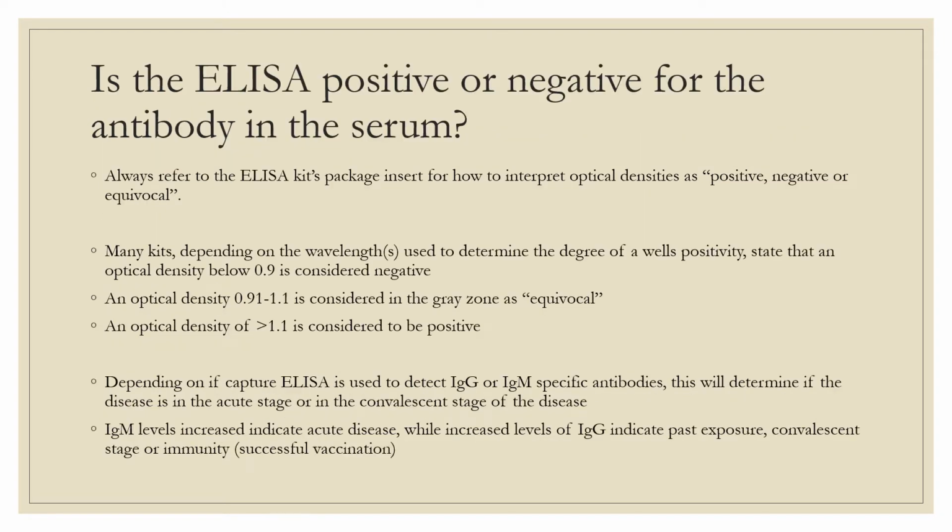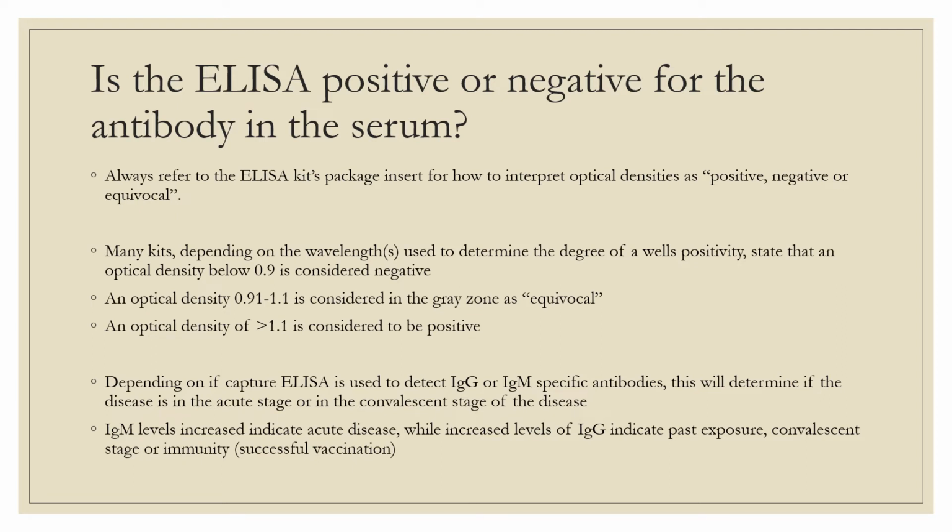Anytime you're doing an ELISA procedure, you always want to pay close attention to the package insert on how to interpret optical densities as either being positive, negative, or equivocal. Equivocal basically means that our result is in the gray zone and that we can't really determine if the well is positive or negative. Many kits use a value of 0.9 for the optical density and less to be considered negative.